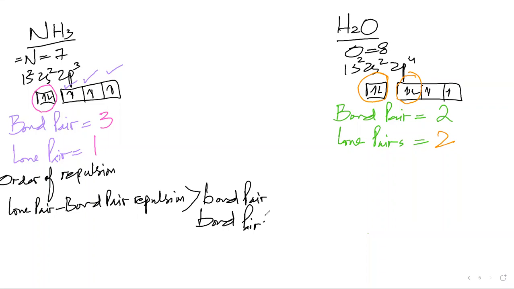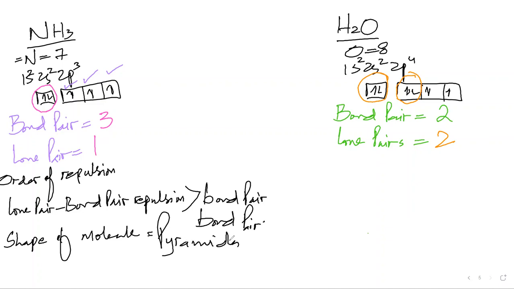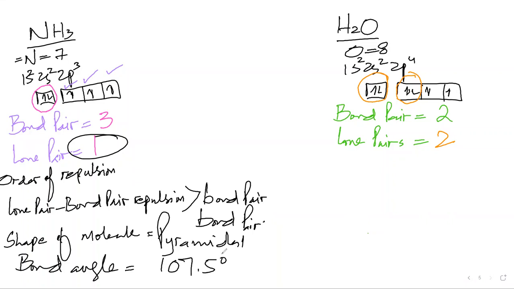And whenever this kind of repulsive force is present, the shape of the molecule becomes pyramidal. Why? Just because of the one lone pair. And the bond angle becomes 107.5. Why? Just listen. In nitrogen, 1 lone pair and 3 bond pairs are present. This lone pair repels the bond pairs and each bond pair repels each other.